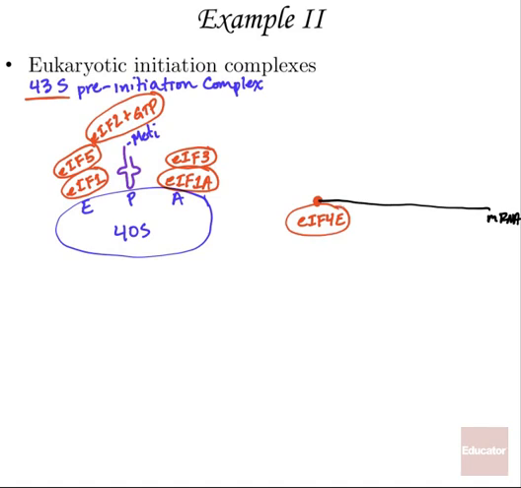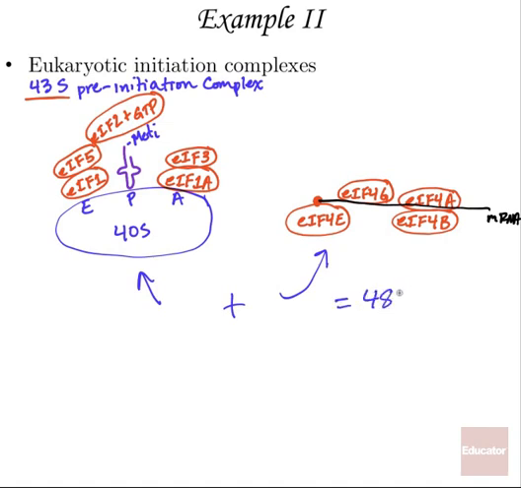We have EIF4G bound. We have the EIF4A helicase, and then we have EIF4B, which activates this helicase, bound right here. So this one plus this one equals our 48S pre-initiation complex.